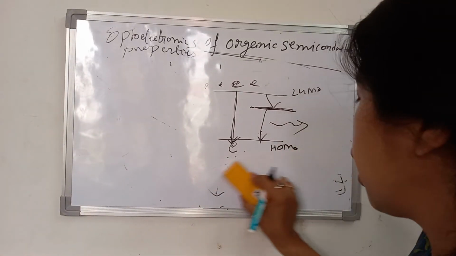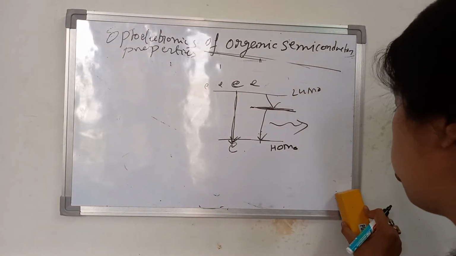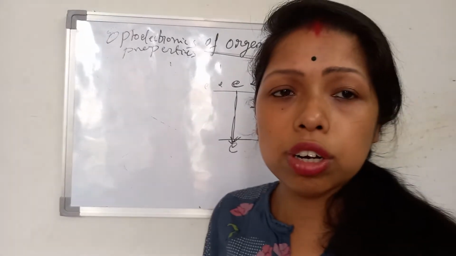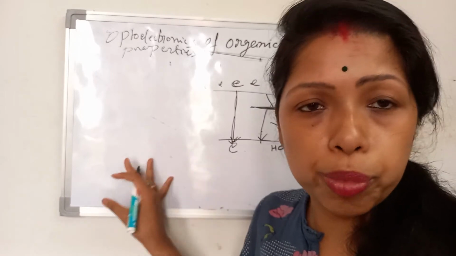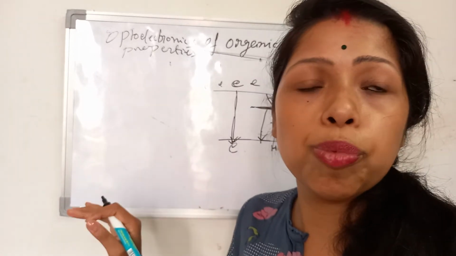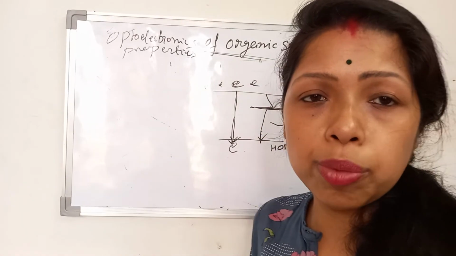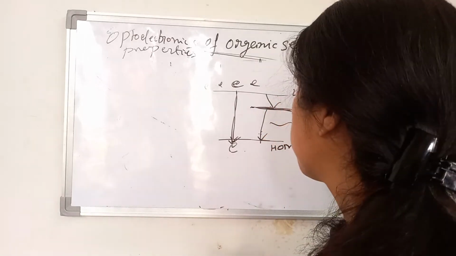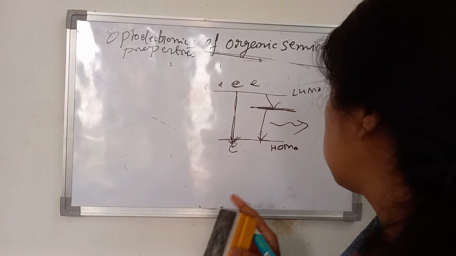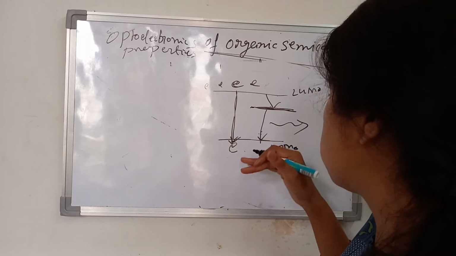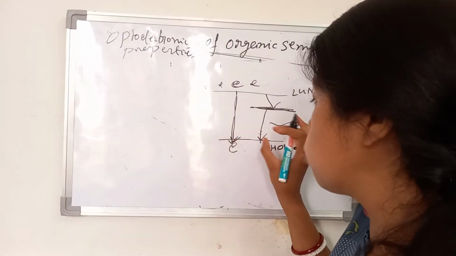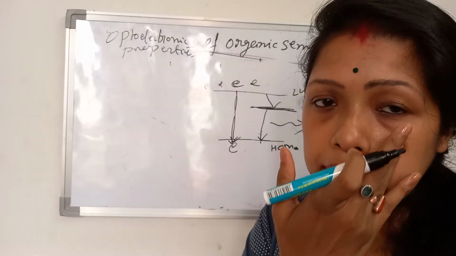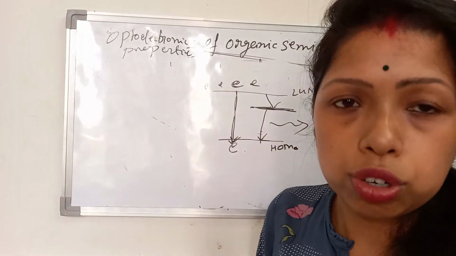There is another process in any kind of semiconductor, that is the non-radiative recombination process. These two processes are known as the radiative recombination processes, and there is one process that is the non-radiative recombination process. When there is a transition from a higher level to a lower level, in the radiative case I get a photon.